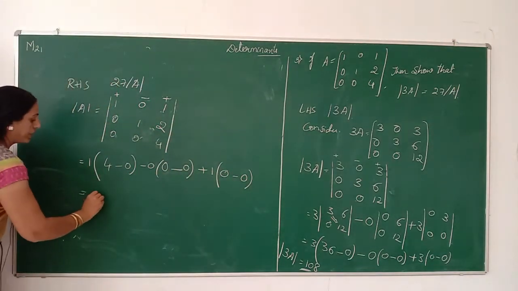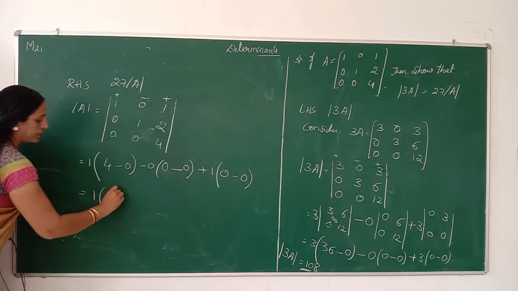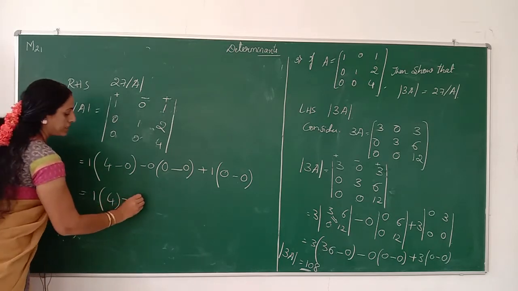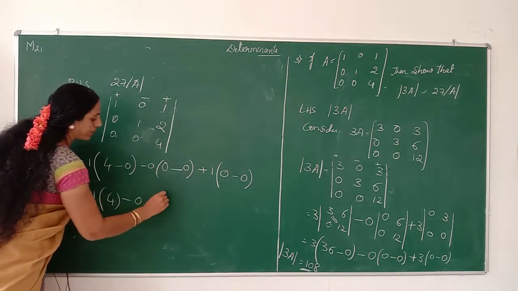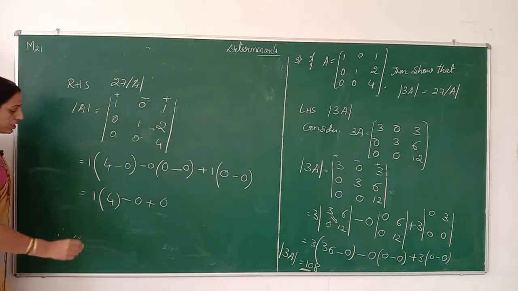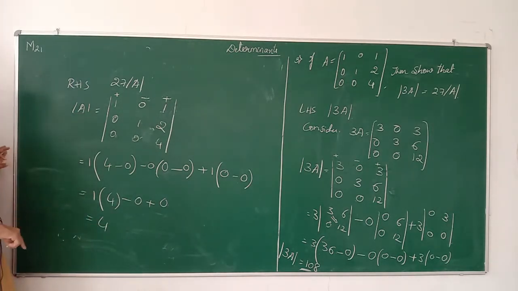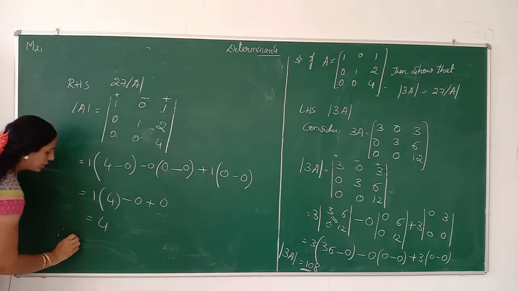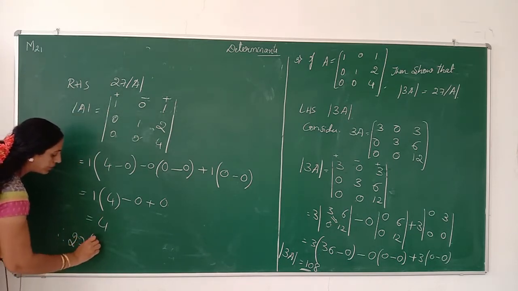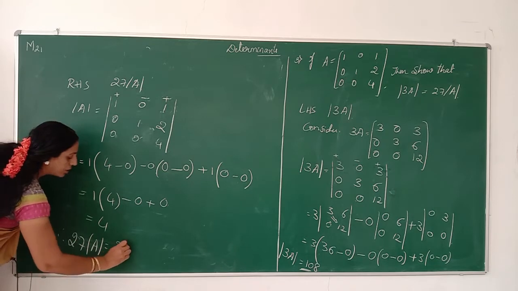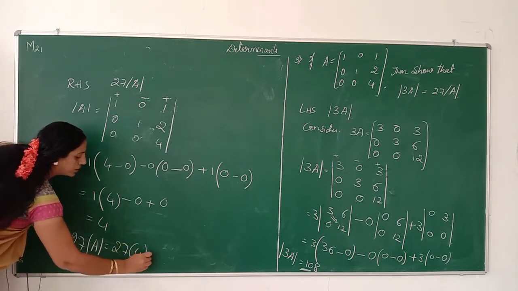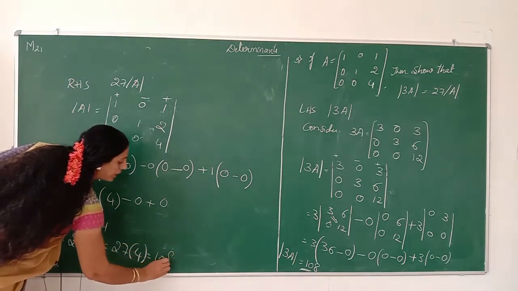After that, 1 into 4 minus 0 is 4, minus 0 into 0, plus 1 into 0 is also 0. It will be equal to 4. That is the value of the determinant of A. So 27 into the determinant of A is 27 into 4, which is 108.